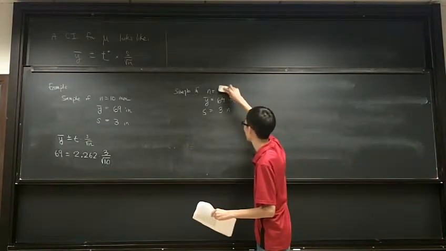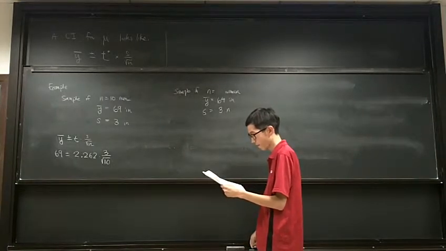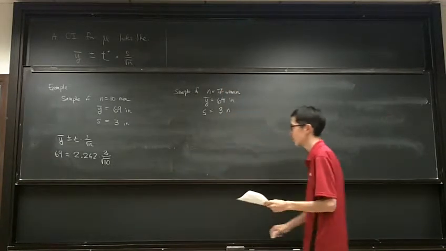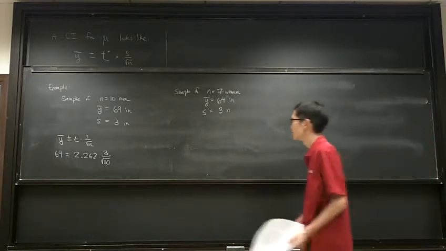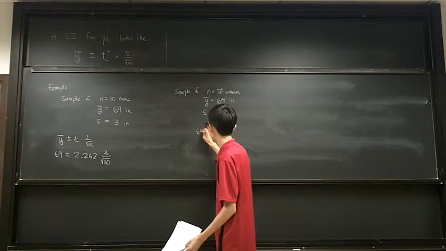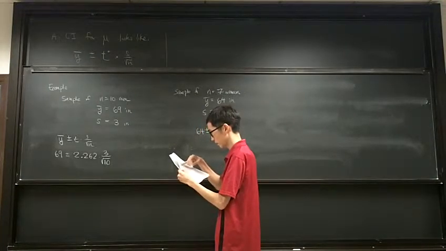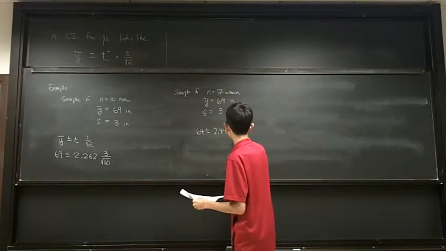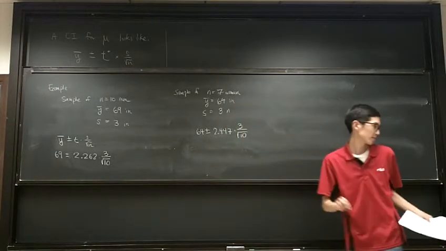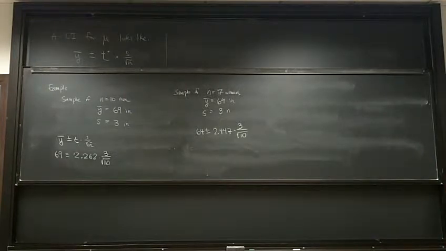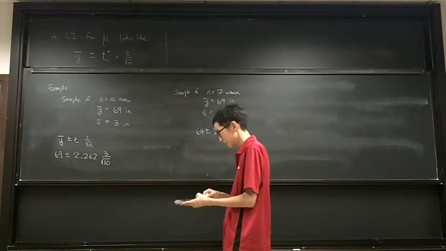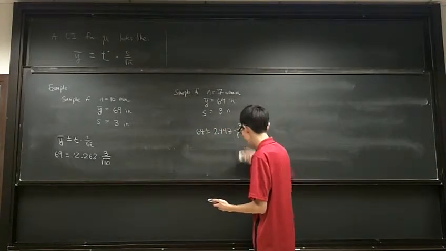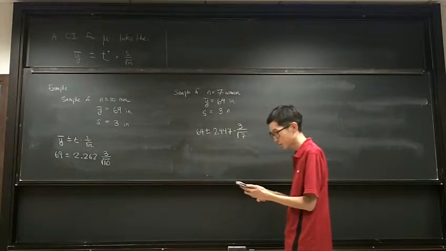Let me change this from 12 women to 7. I don't know if that's going to help. And over here, I would have 64 plus or minus 2.447 times 3 over the square root of 7. Oh, I'm sorry, square root of 7. Thank you. I'm not paying attention.